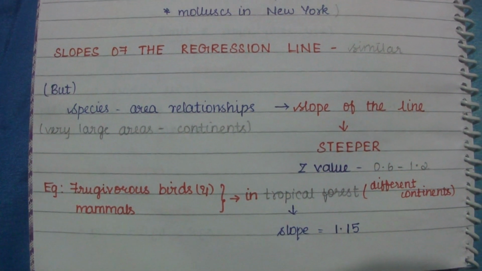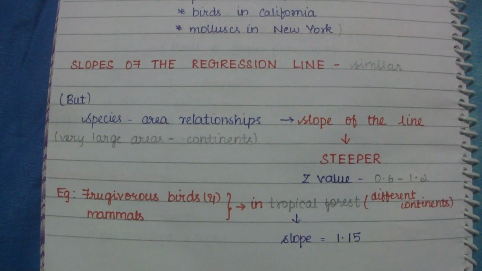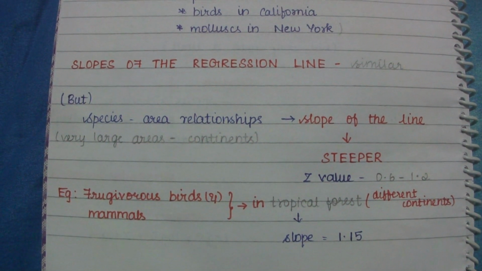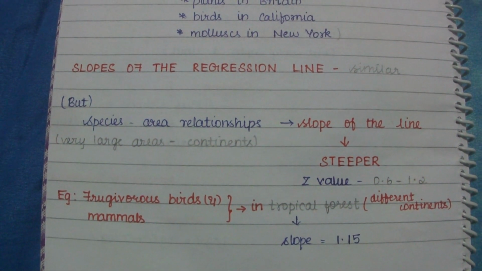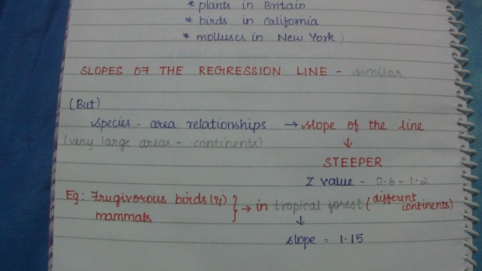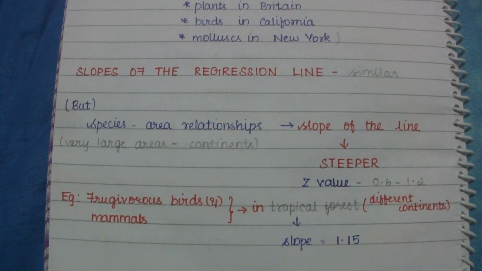not a small area but a large area, like continents, and we look at the relationship between species and area in such conditions, then the slope of the line, that is Z, becomes steeper, and the Z value ranges from 0.6 to 1.2.